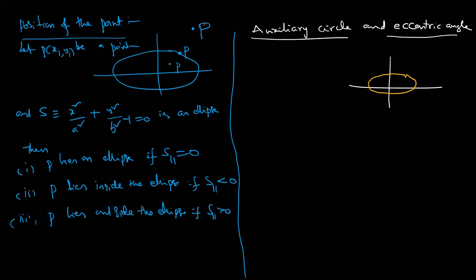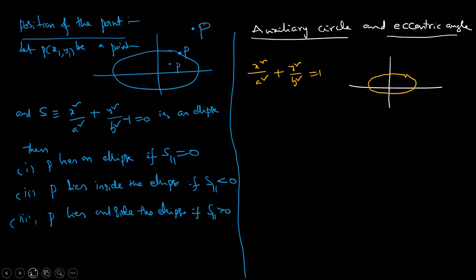Consider this is the equation of the ellipse: x square by a square plus y square by b square is equal to 1, where a is greater than b. It is the standard form. Now, a circle described on the major axis as a diameter is called an auxiliary circle.